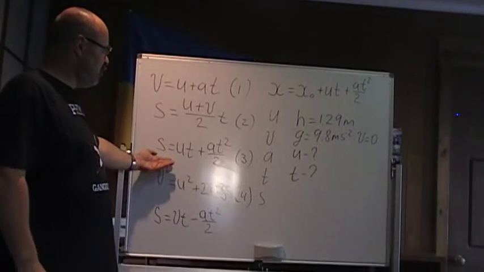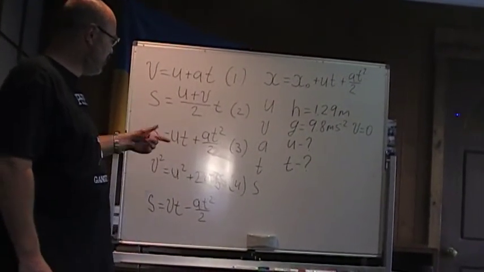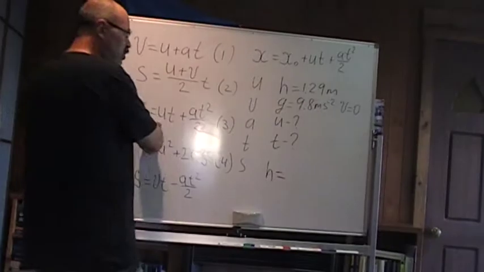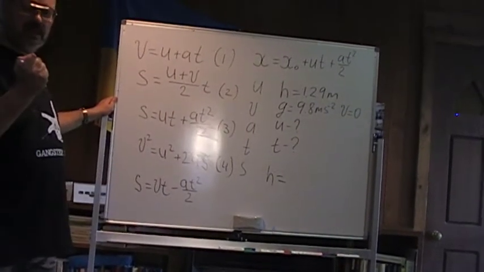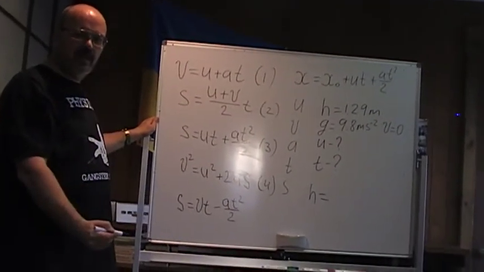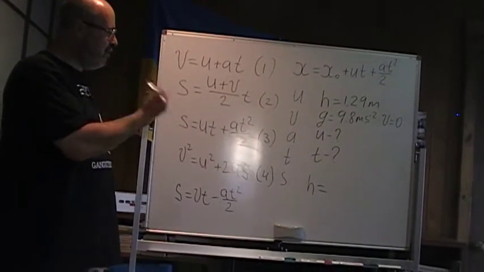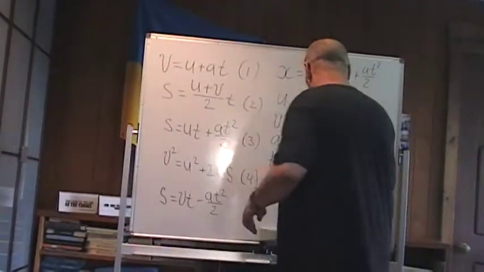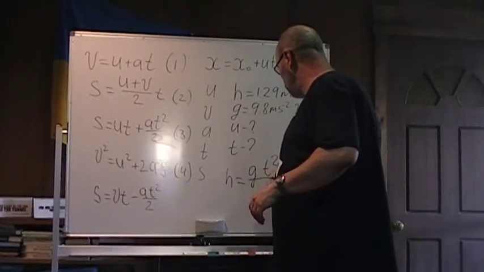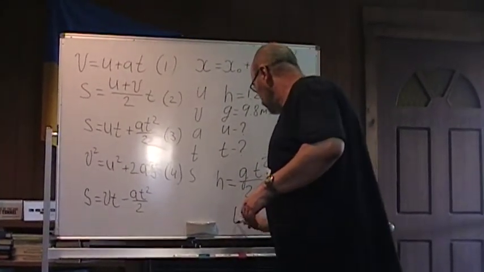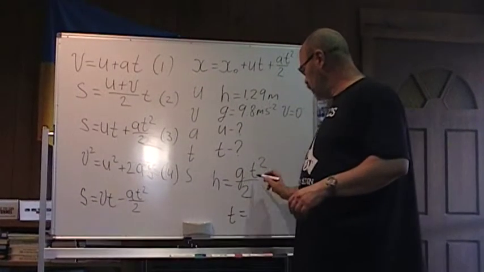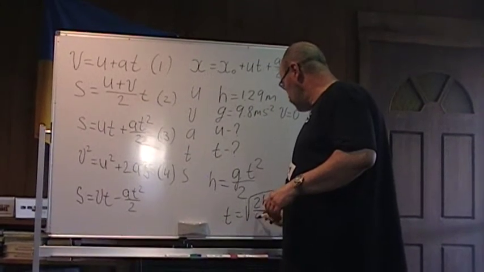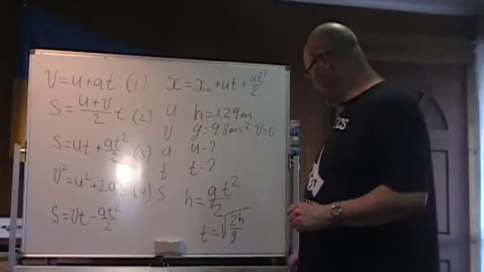So we can now use this formula. Initial velocity is 0 because at the highest point he is stationary, and when we consider his way down, the velocity at the highest point is the initial velocity. So h equals gt squared over 2. Rearranging it for time, we get time equals square root of 2 times height divided by acceleration due to gravity.